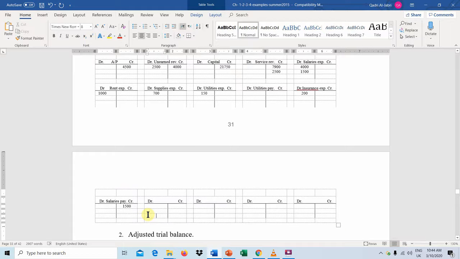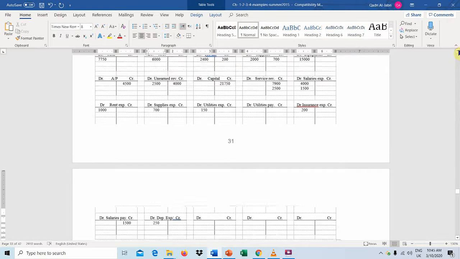Now, next step, we have depreciation expense. We'll check the old expenses. Do we have depreciation expense? The answer is no. So here, I will create an account for depreciation expense, and this will be debited by 250, and accumulated depreciation, let's check there.